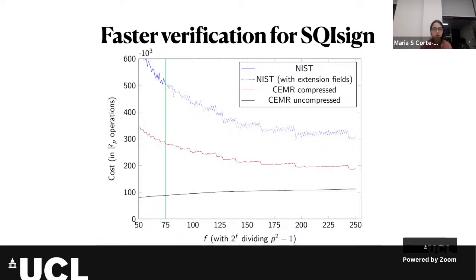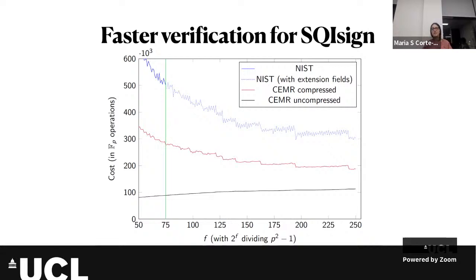So in terms of signing, I don't have a slide for that, but we were actually surprised by how little it slowed down. We implemented the signing algorithm, and we tested it just to make sure that it was still feasible to do or somewhat practical. And I think the signing times were within the same order of magnitude. So there really wasn't a slowdown.